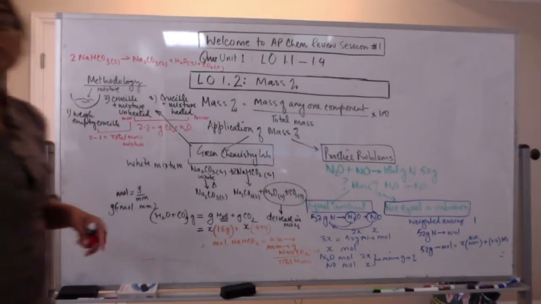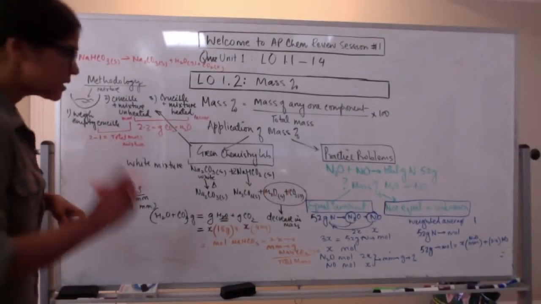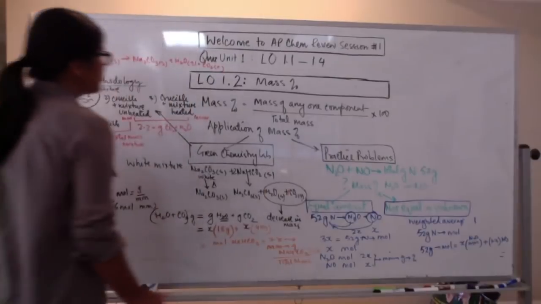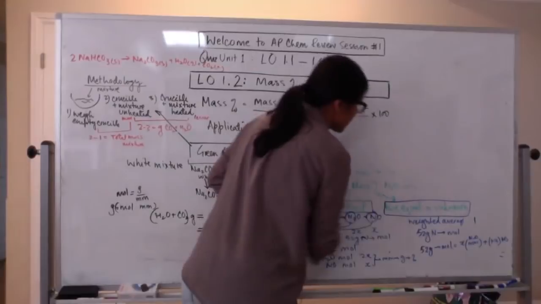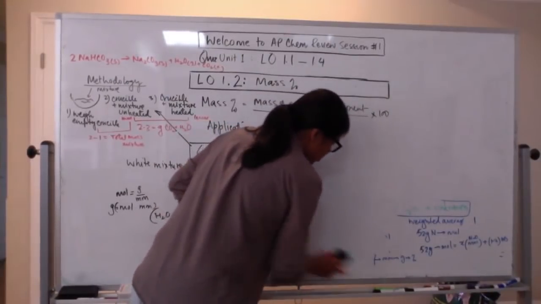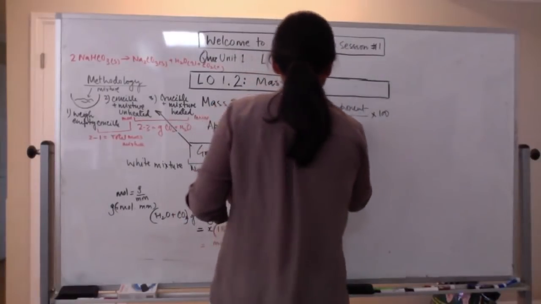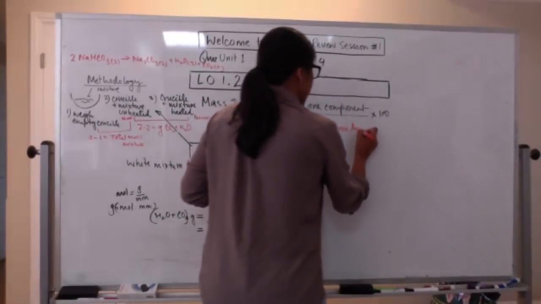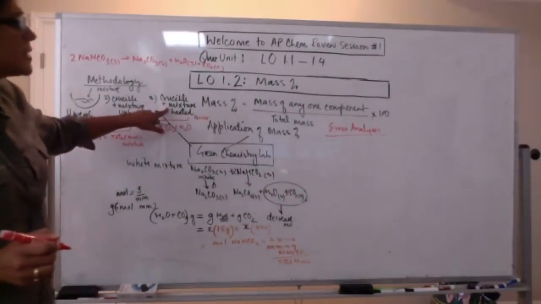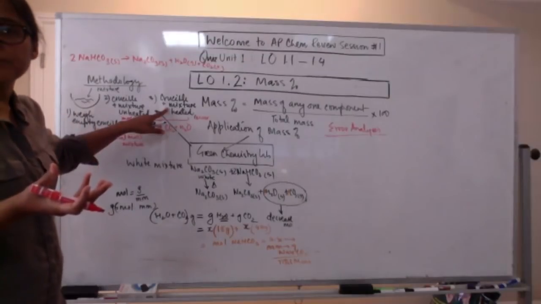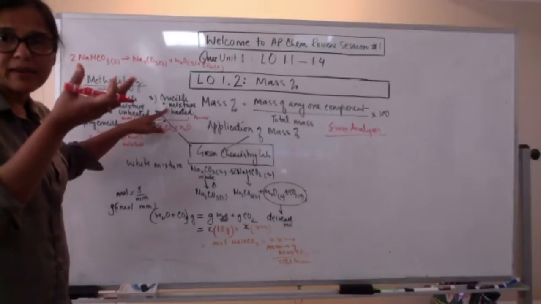Now let's talk about error analysis here. There could be very many sources of error, guys, and this is important to understand. So what I'm going to do is take it from here and erase the practice problems, and I am going to go over error analysis. What happens is gases escape when you heat them, right? And while the mixture is hot, the gases are still escaping.